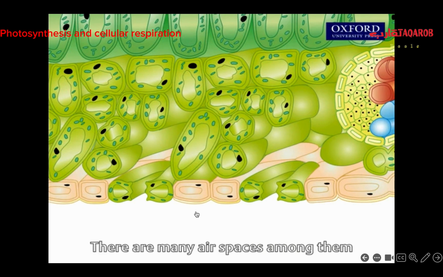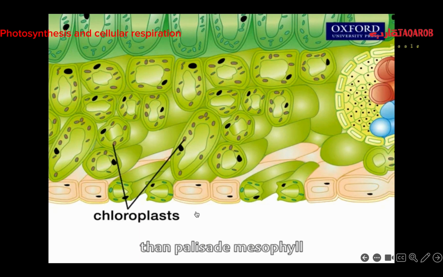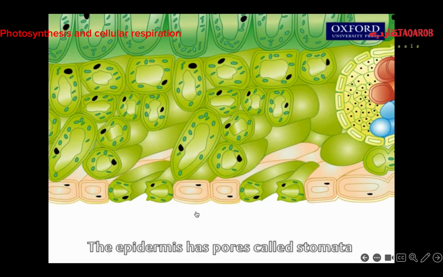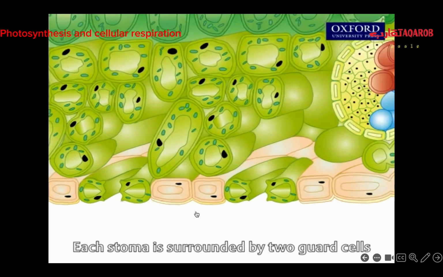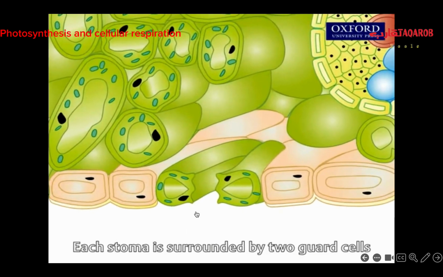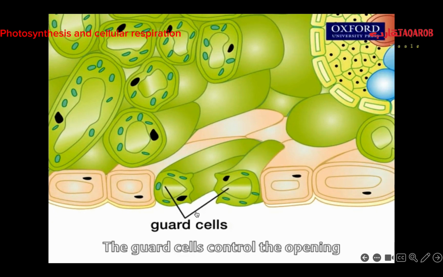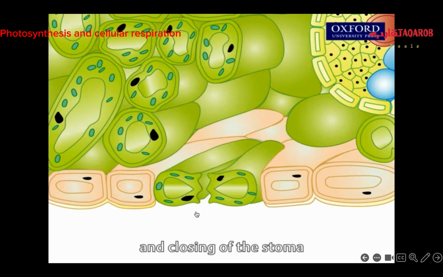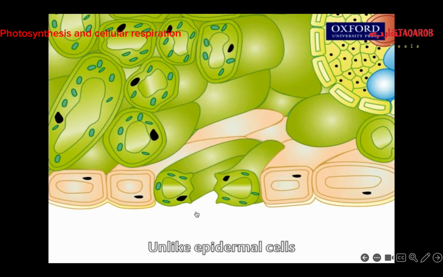There are many air spaces among them. These cells have fewer chloroplasts than palisade mesophyll. The epidermis has pores called stomata, where gas exchange takes place. Each stoma is surrounded by 2 guard cells. The guard cells control the opening and closing of the stoma. Unlike epidermal cells, they contain chloroplasts.